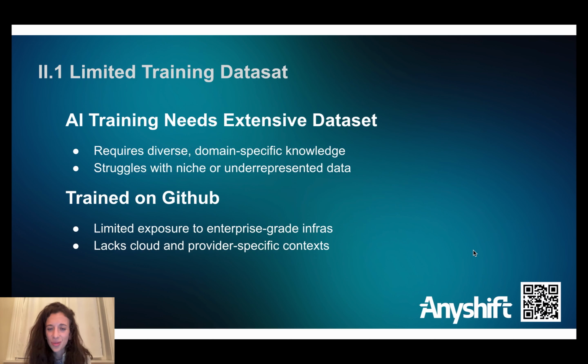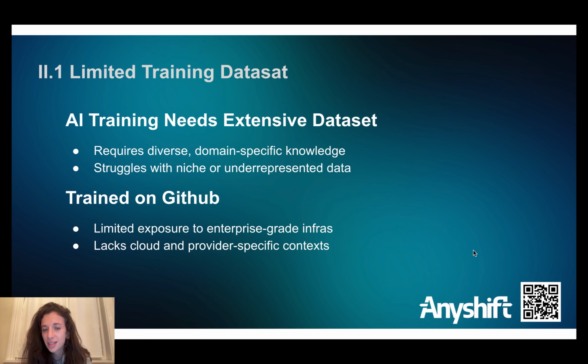The issue is that with infrastructure as code, Terraform in particular, the datasets are quite sparse. Why? Because all those amazing generative models trained for code generation have mostly been trained on GitHub. And the issue is you don't put your infrastructure in the clear on GitHub.